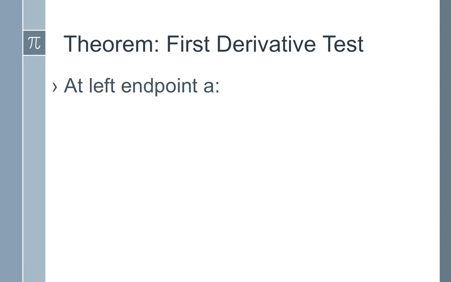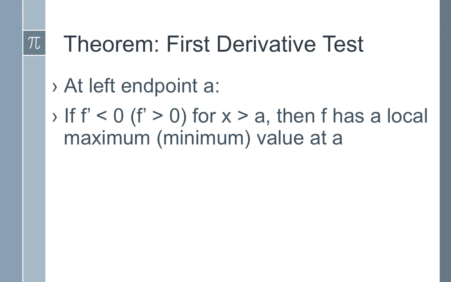If you have an endpoint on your function, say you were given a closed interval, if the derivative is less than 0 for all the values bigger than a, so all the numbers to the right, since that's a left endpoint, then f has a local maximum at a.